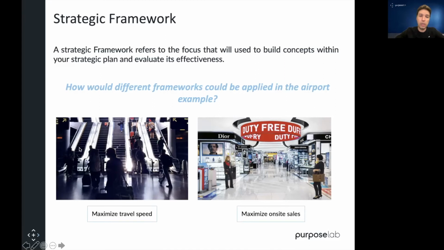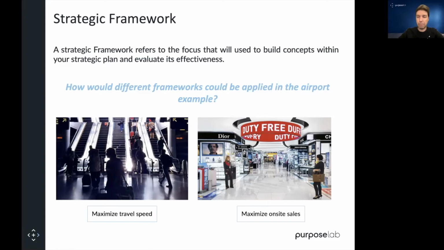So in the first example, probably the ones paying for that airport are most likely the airlines. In the second example, probably the ones paying for the airport are most likely the shops or the passengers themselves through their taxes or whatever they're spending there, right?